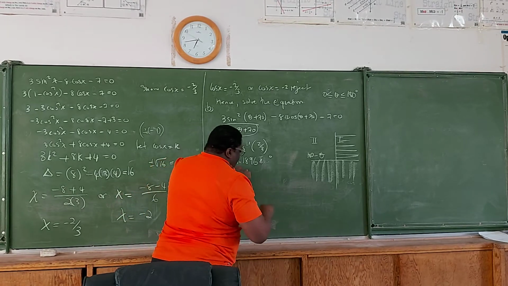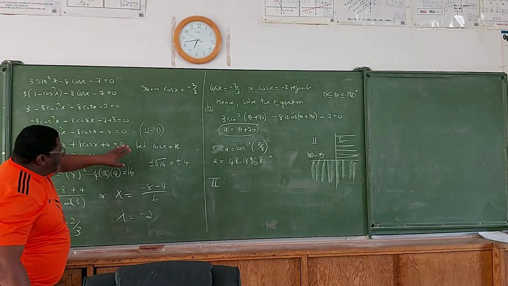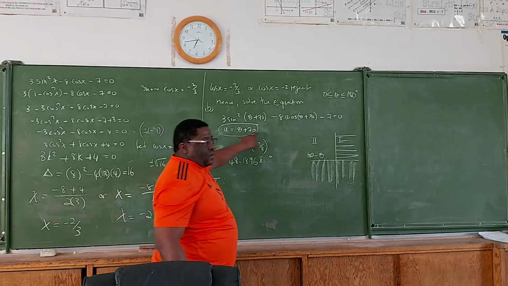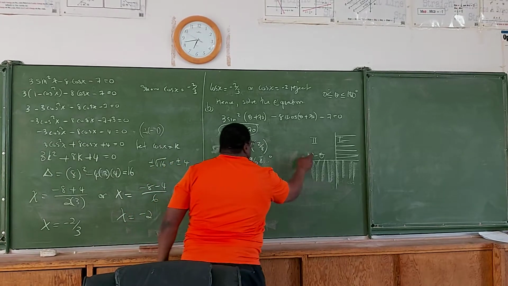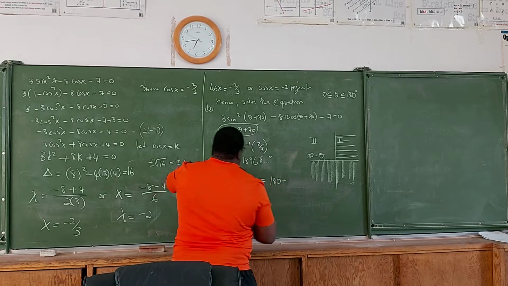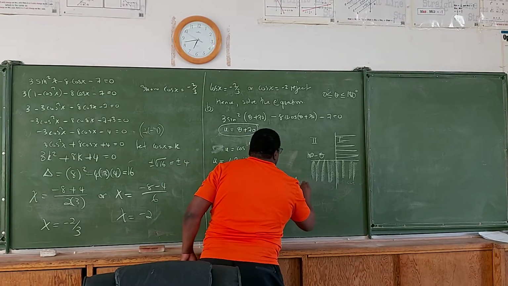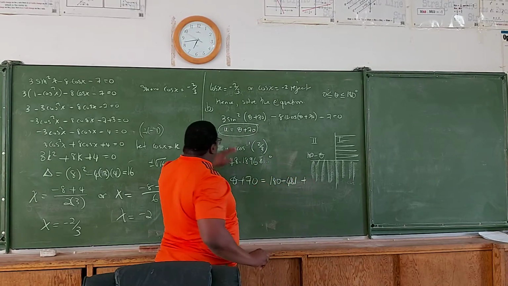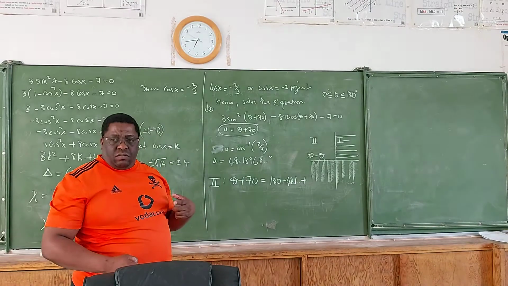But since we are now finding that general solution, let's bring the, where did I put it? Theta plus 70 equals to 180 minus this stuff here, which is 48.1 blah blah. But our cosine, there is going to be a revolution, okay?